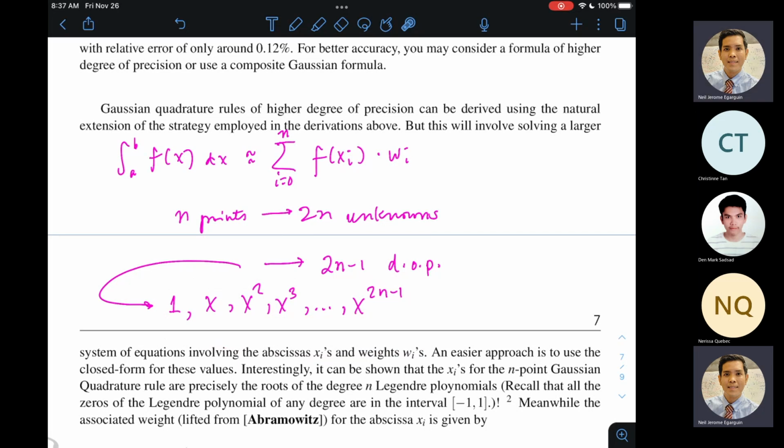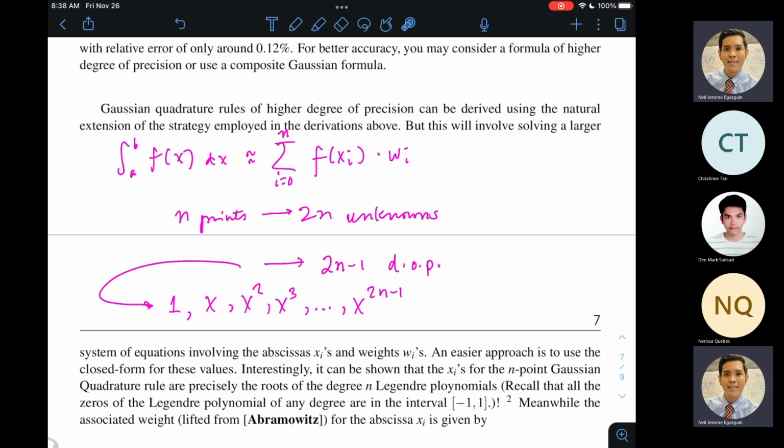As you recalled last time, gumamit tayo ng isang symbolic solver. We used MATLAB. You could use Wolfram Alpha or Mathematica or any other computing software or app para mag-solve ng nonlinear system. Kasi yung mga numerical methods para mag-solve ng nonlinear systems, which might be handy especially for large n's, ay nasa Math 175 pa. So kaya ngayon medyo constrained tayo dun sa klase ng systems na kaya nating i-solve.